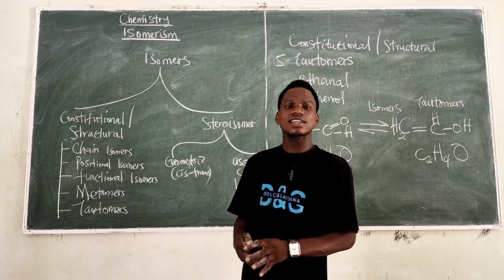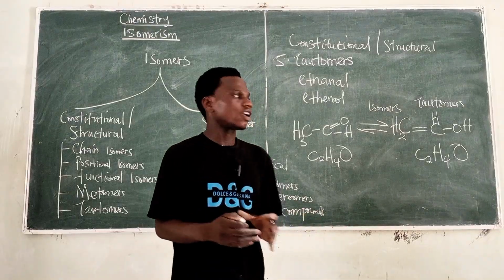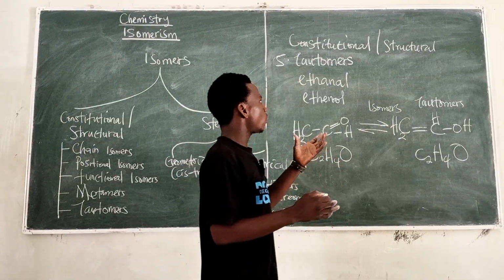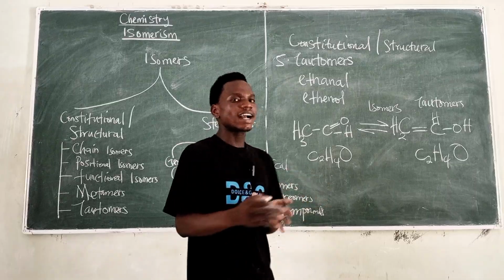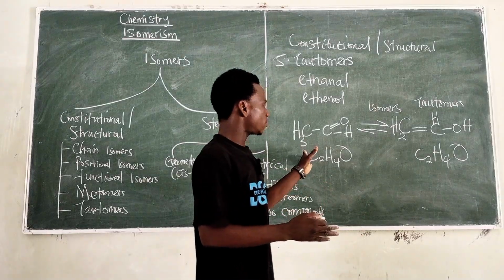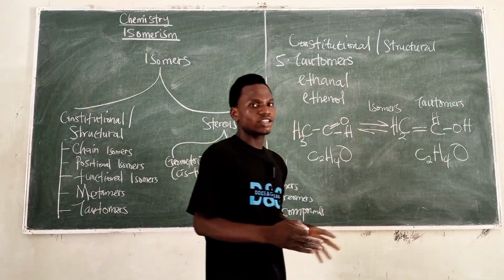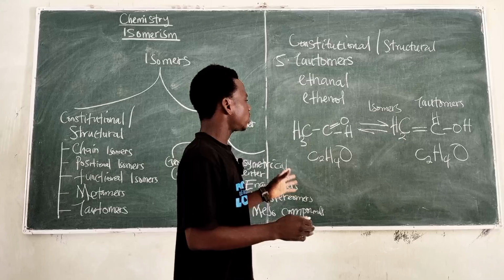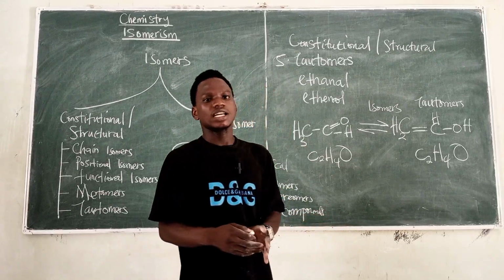We said tautomers are organic compounds that have the same molecular formula, but they undergo a rapid equilibrium. They can flip back and forth into each other. If this flips to this, it can also flip back into this. So they flip by shifting a double bond and moving a hydrogen atom.